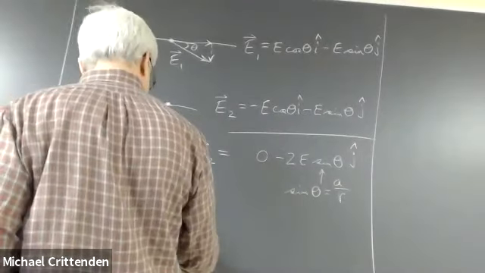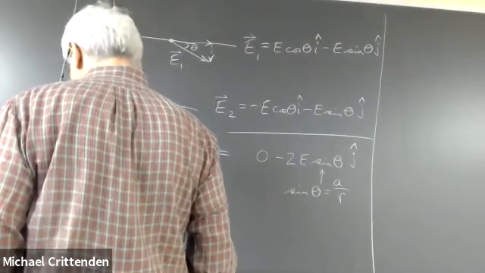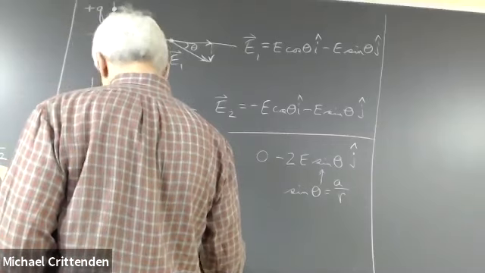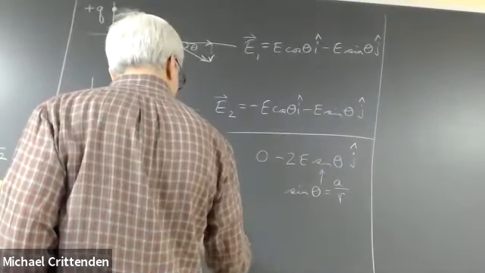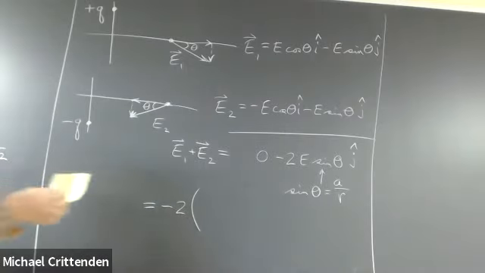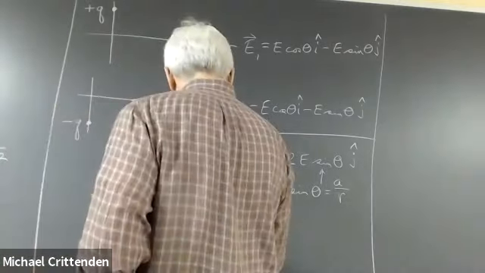So substituting a whole bunch of stuff in. For E, the magnitude of each individual field, I've got this thing here, the Coulomb's law constant times Q over R squared.